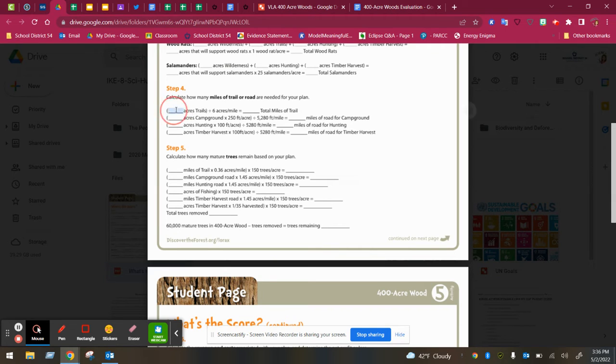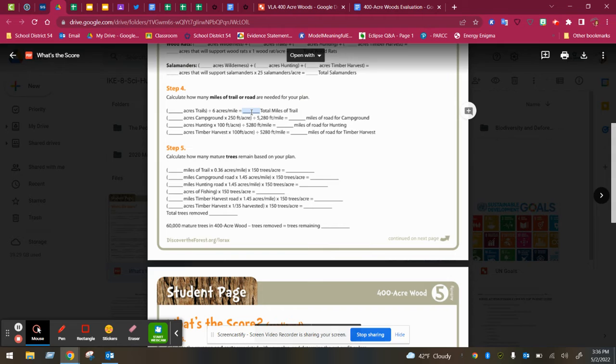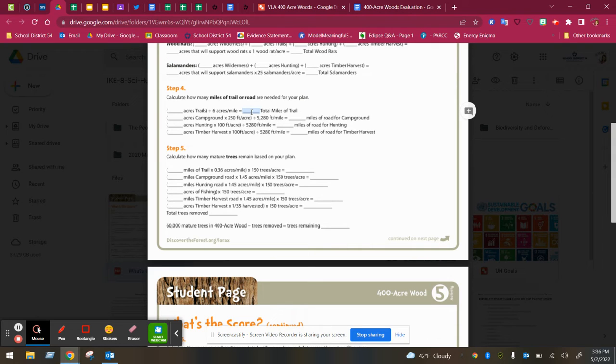So I would take my 42 acres, divide it by 6 acres per mile to get my answer for my total miles of trail. Now I would take my 96 acres of campground times 250 feet per acre, get that answer. So 96 times 250.